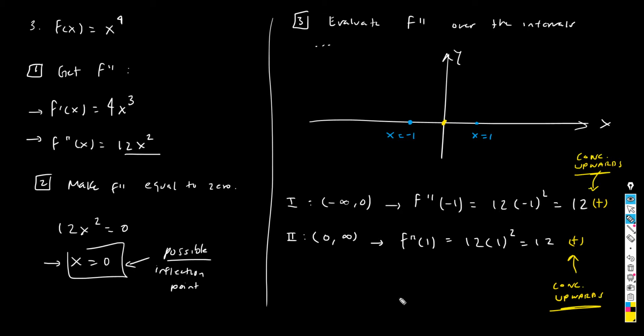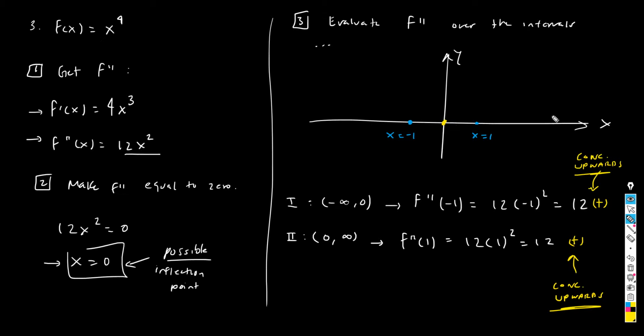So conclusion, again, I'm just going to say it. I'm not going to write it down because I lose a lot of time. What is my conclusion? This x equals 0, this point that was a possible inflection point, is not an inflection point. Why not? Because my function is not changing the concavity. To the left of this point, it's concave upwards.